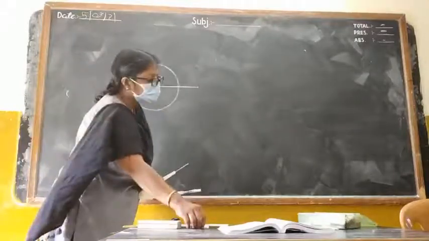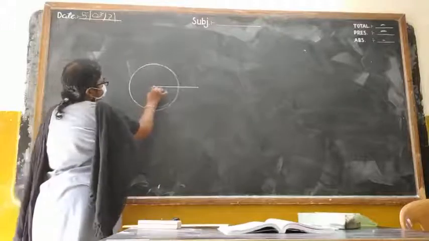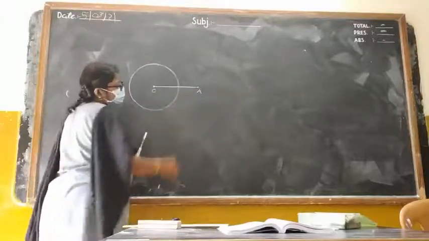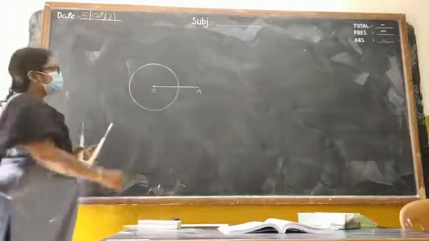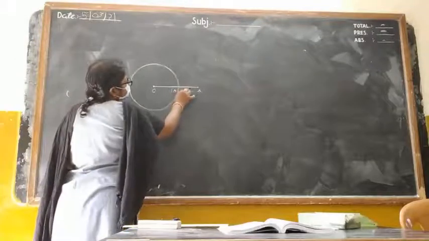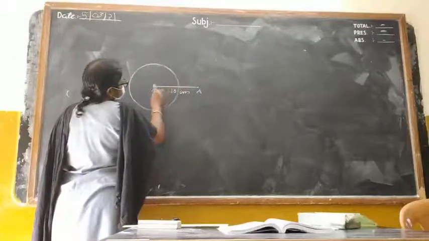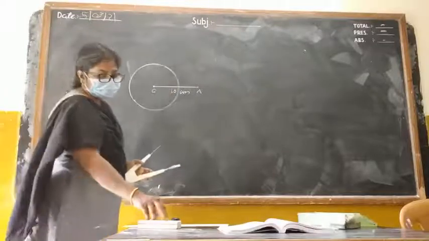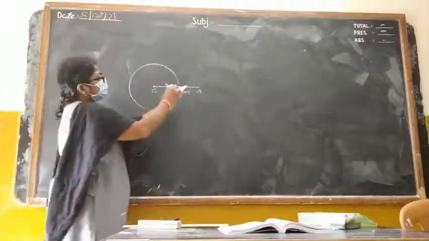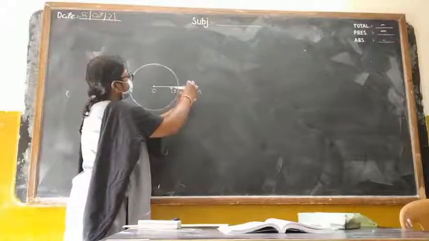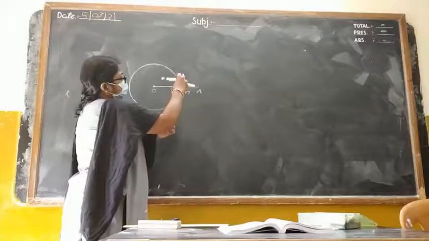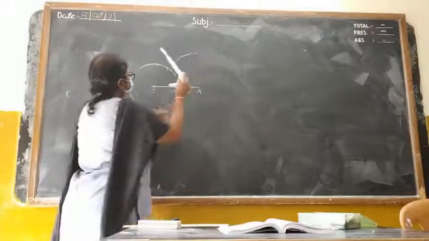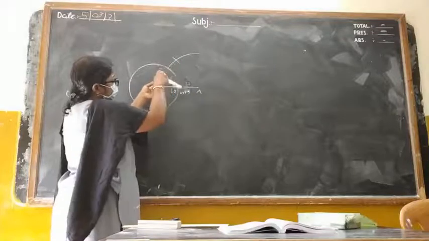So, let us mark OA. O is the center. A is 10 centimeter away from this one. This is 6 centimeter. So 10 centimeter it will come. So more than half of OA you have to take. Draw the perpendicular bisector.